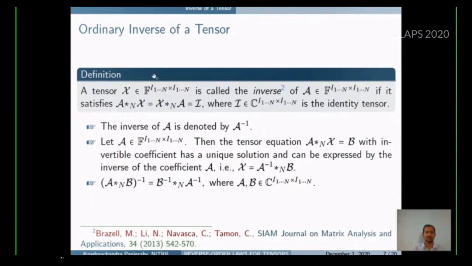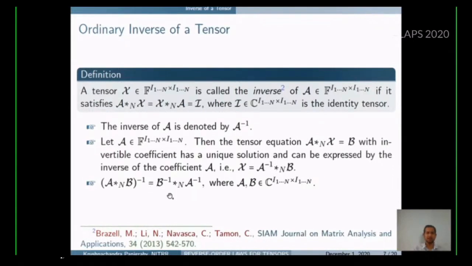This tensor X is denoted by A inverse, and they used this inverse of a tensor to solve the multilinear system of equations A star n X equal to B, and they found that this solution is unique and the required solution is X equal to A inverse star n B.